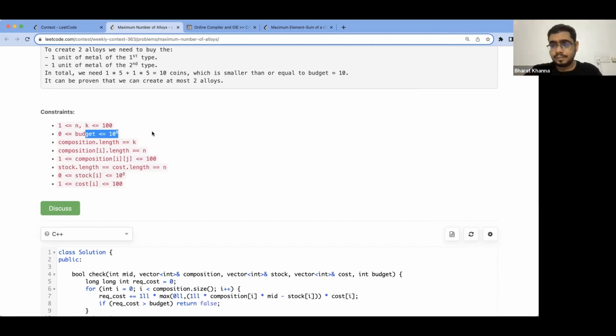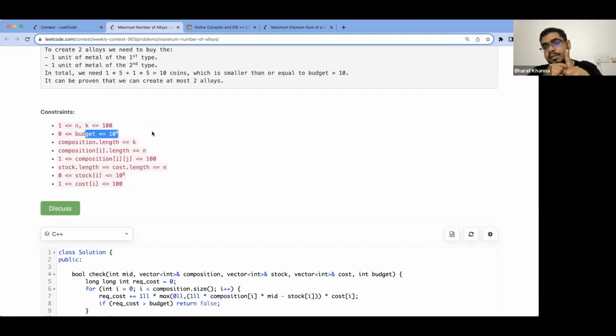Is this making sense? What will be the worst case number of alloys? What will be the worst case where we can make the maximum number of alloys? Let's say we just have one metal. With 1 unit of that metal, we can make the alloy, right?